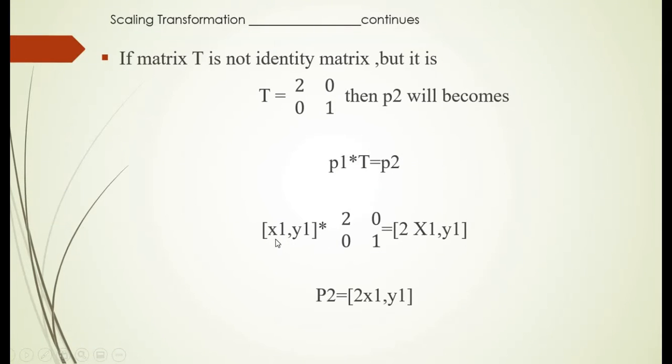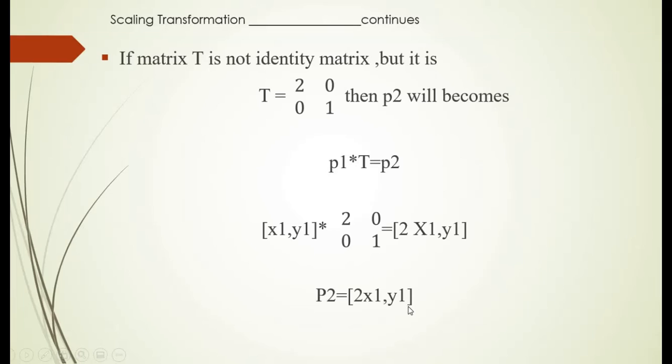Next we multiply this row into the next column. x1 is multiplied into 0 is equal to 0, and y1 into 1 is equal to y1. Then we get P2 is equal to 2x1 comma y1.